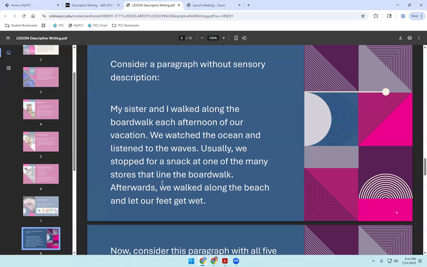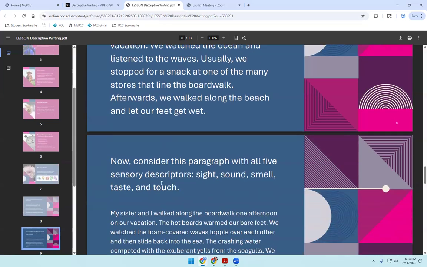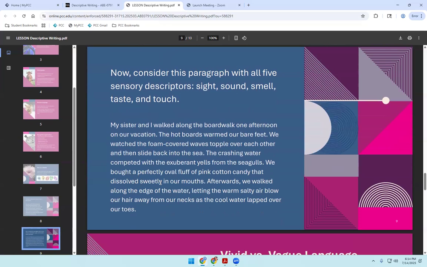Okay, so now this is that same paragraph rewritten, but it's going to include sensory descriptors of sight, sound, smell, taste, and touch. My sister and I walked along the boardwalk one afternoon on our vacation. The hot boards warmed our bare feet. We watched the foam-covered waves topple over each other and then slide back into the sea.